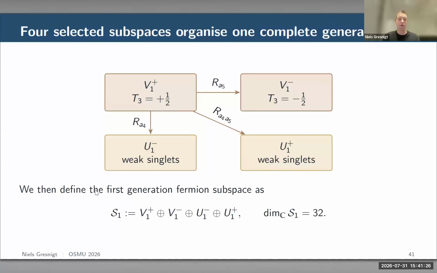And then what I'm going to do is define the first generation as the direct sum of those 4 spaces. And so the complex dimension of that space is going to be 4 times 8, which is 32. And then we want to choose these sectors in such a way that when we apply S3, we end up with 3 such sectors that are linearly independent.